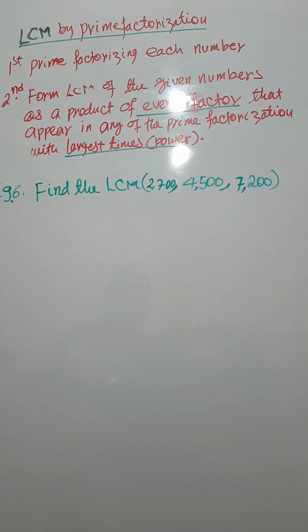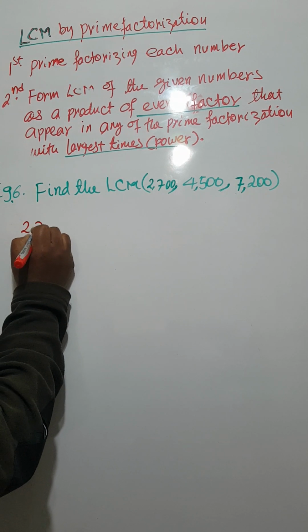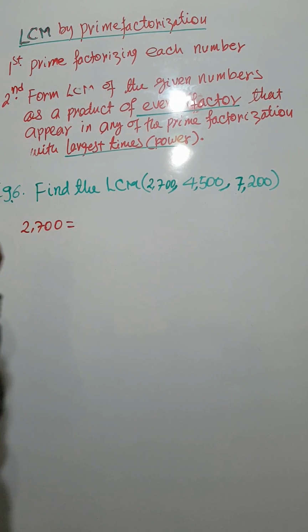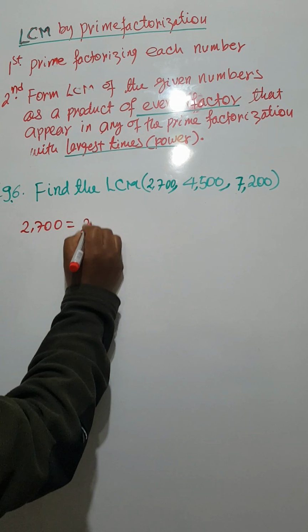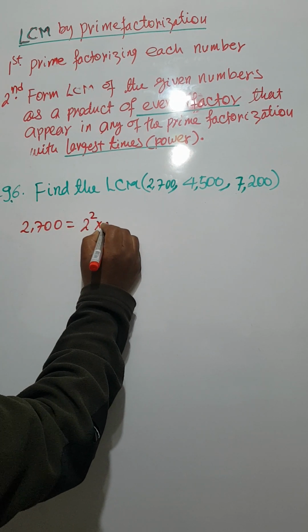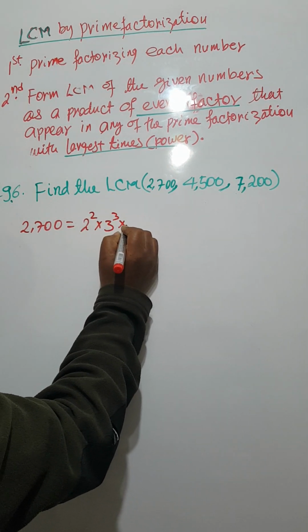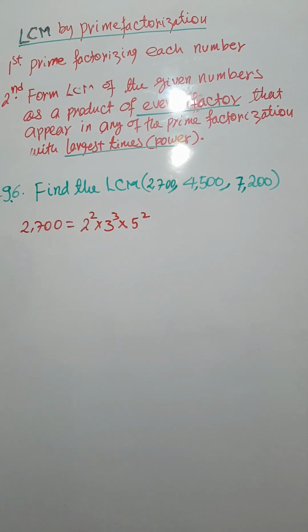Now the factors of 2700: 2700 is equal to 2 to the power of 2 times 3 to the power of 3 times 5 to the power of 2.